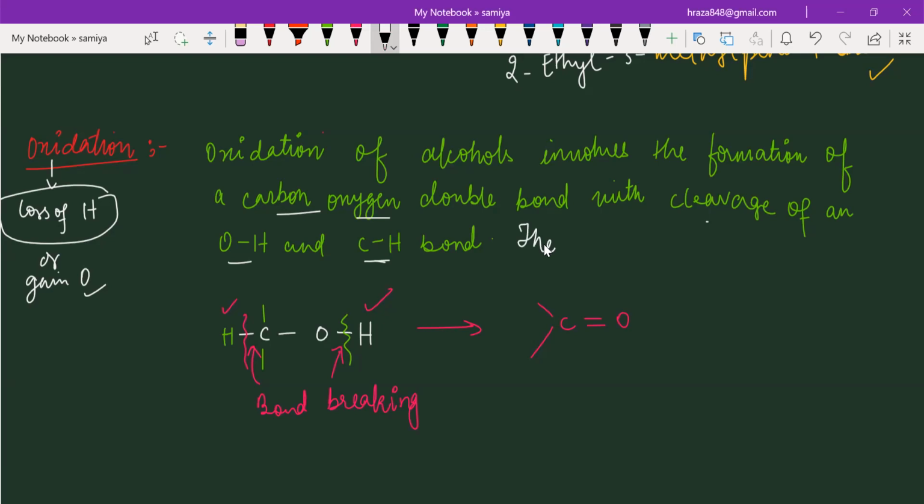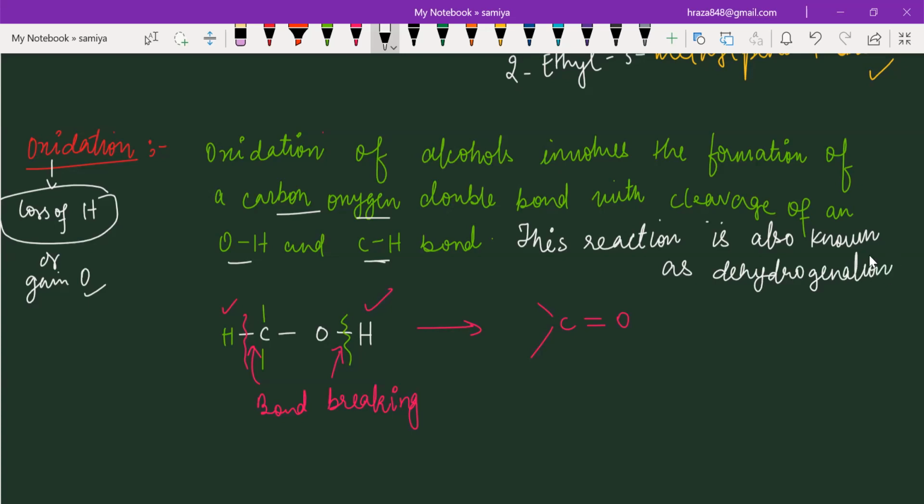Write a point also. This reaction is also known as dehydrogenation. Dehydrogenation means removal of hydrogen. Are you getting my point? Yes, sir. Please write it.